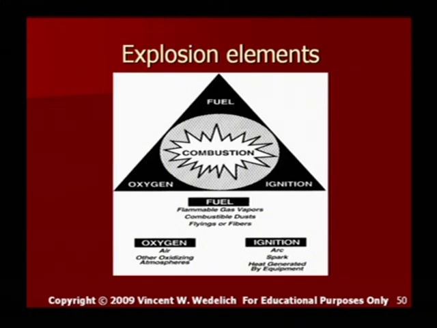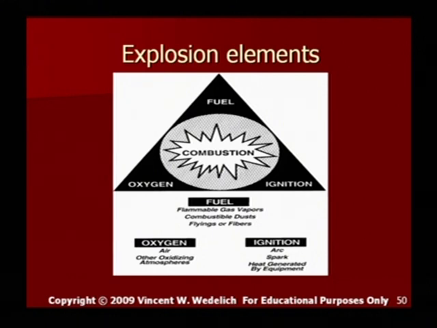If we remove the fuel, how could we remove the fuel? We could use a pressurized enclosure. We haven't talked about that yet, but when we get to it, that's what they're doing. They're actually putting purge air into the enclosure so much that there's no way that fuel can actually get into the enclosure and ignite. So that would be an example of removing one of the three.